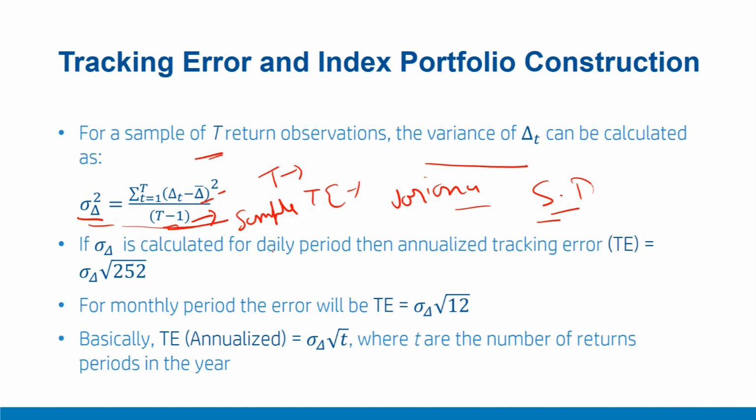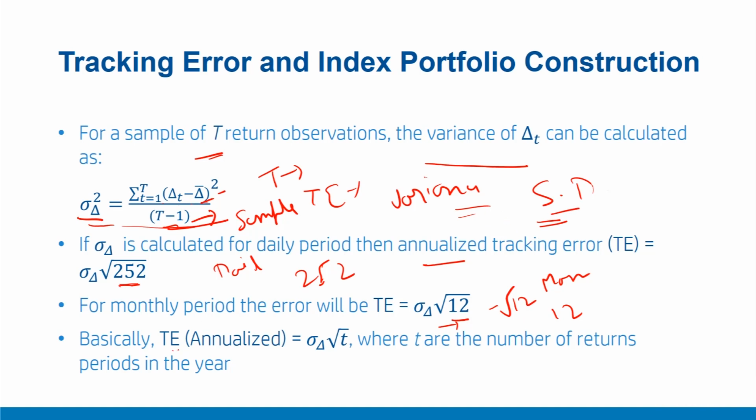Now this tracking error is often represented in annualized form. So for example, if you have computed this variance or standard deviation for daily returns, you multiply the variance by 252 or standard deviation by square root of 252, where 252 are the trading days in a given year. Similarly, if you are computing this error on a monthly period, since there are 12 months in the year, you multiply the tracking error in the variance form by 12 or in the standard deviation form by square root of 12, simply because variance is the square of standard deviation.